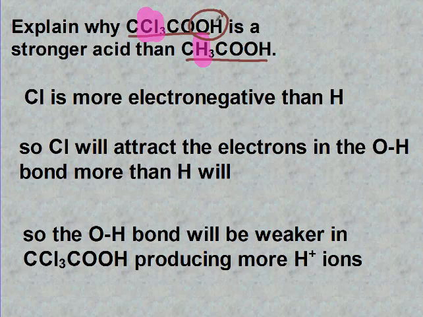So again, this bond here will be weakened, allowing that hydrogen ion to come off, leaving us with everything else. Weaker bonds lead to stronger acids because it will produce more hydrogen ions in solution. Go ahead and pause the video if you need to finish writing down your explanation.